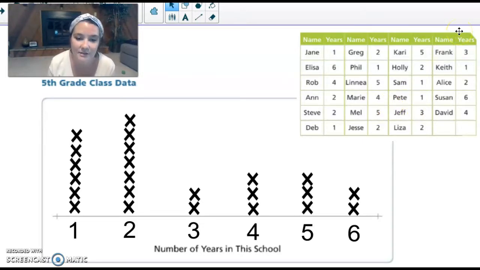Okay, so double check your line plot. All right, so now that you have done that, I want you to think about where is the lowest value on the line plot? Where is the lowest or the least amount of years on this line plot?